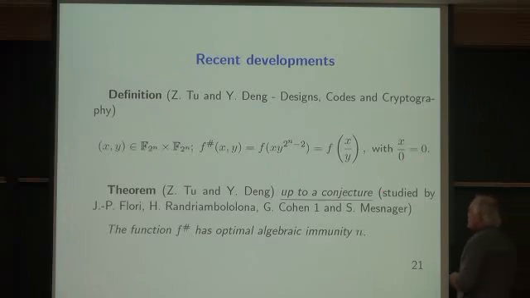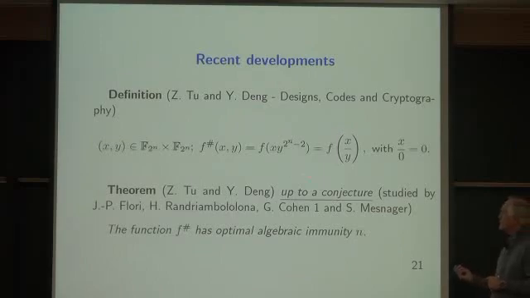And they could prove that, up to a conjecture, which has been checked for plenty of n, up to n equals 31, I think. So for crypto, it's perfect. It's proved. I mean, for crypto applications, it's not a conjecture, but it's a fact.